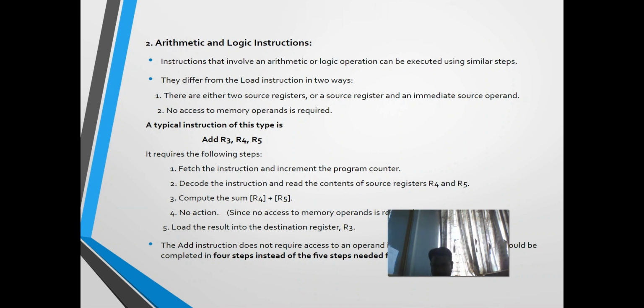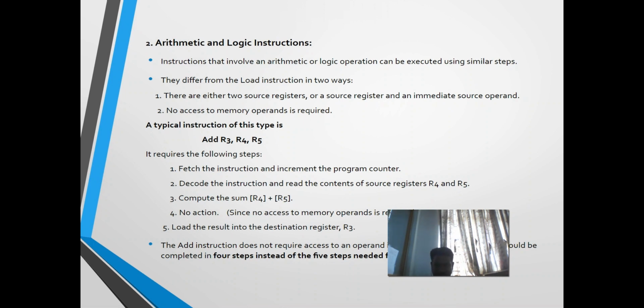First step again, we have to fetch the instruction, and next we have to increment the program counter. Next we have to decode the instruction. Once decode is completed, we have to read the R4 and R5 registers, which are in the register file. Then we compute the sum of R4 and R5. So now the R4 value and R5 value are added, and the result is in the ALU. Next there is no action because we are not accessing any memory location.